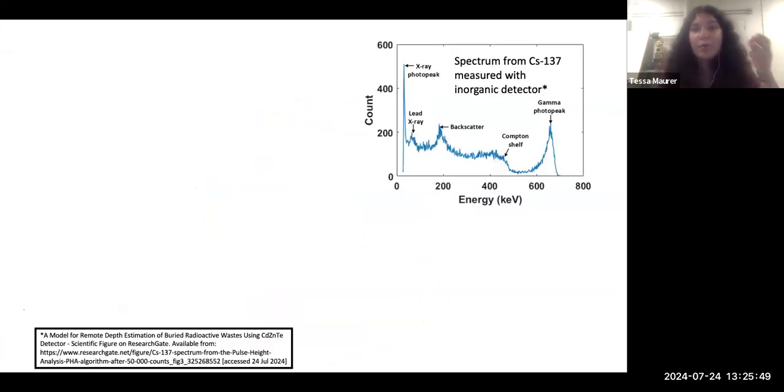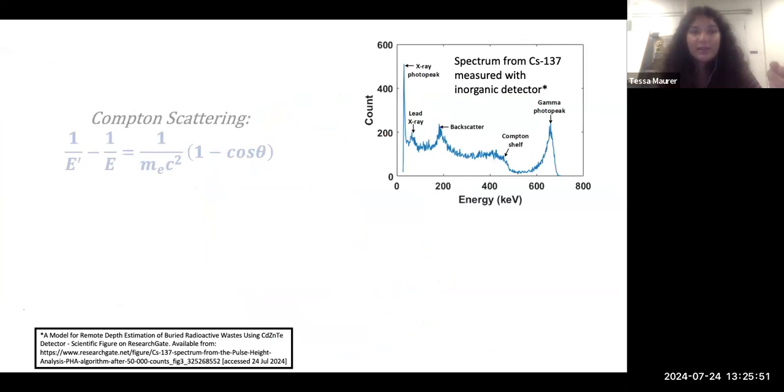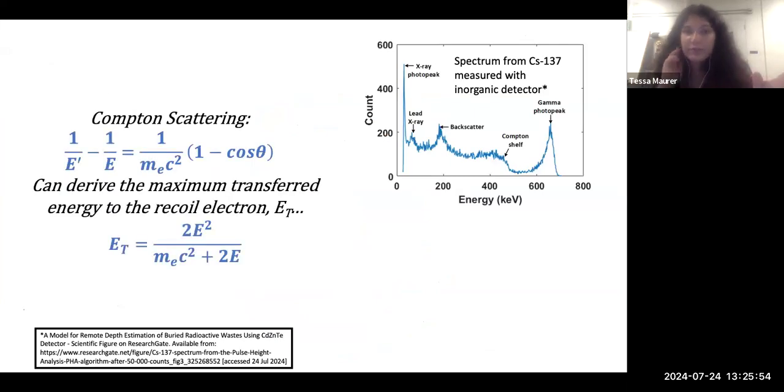And so what that physically means, you can see on this slide here. I've got the equations for the Compton scattering. I'm not going to make you do math, but it's there. This figure shows a spectrum that we would see from a cesium-137 source measured with an inorganic detector. We have a nice gamma photopeak that we would usually use to say, okay, that's what source we're dealing with.